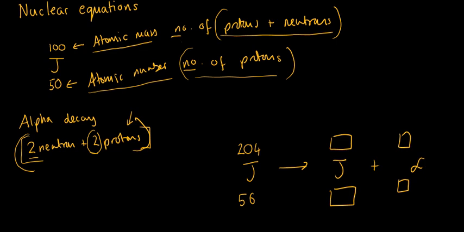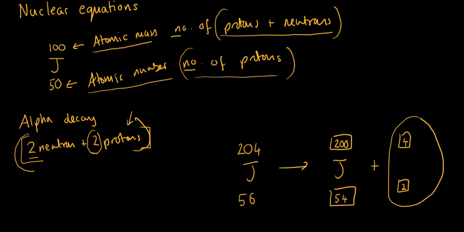Okay, so hopefully you pause the video and give that a go. We are then going to change this to 200. This is going to then be 54. And we have our 4 and 2 as our alpha particle that has been emitted from the nucleus, or we could write that as helium.